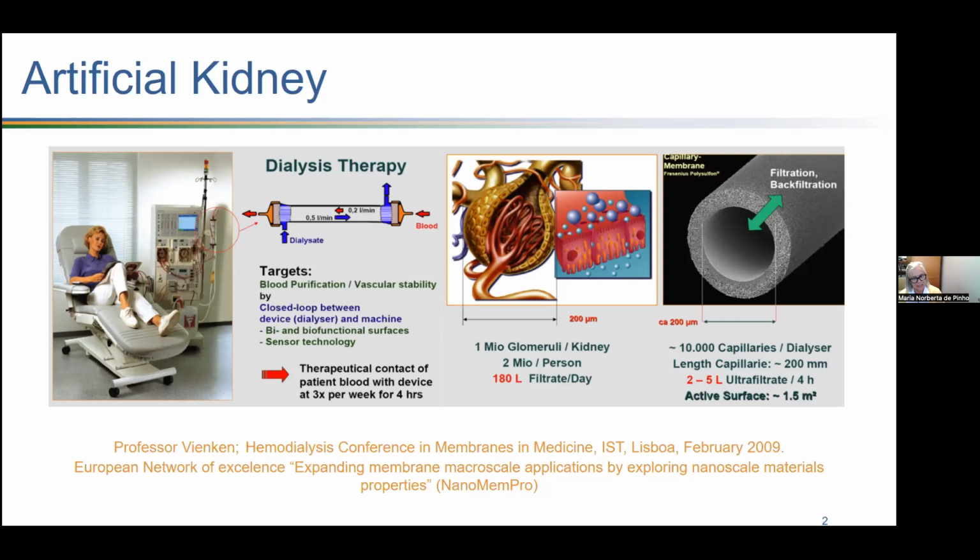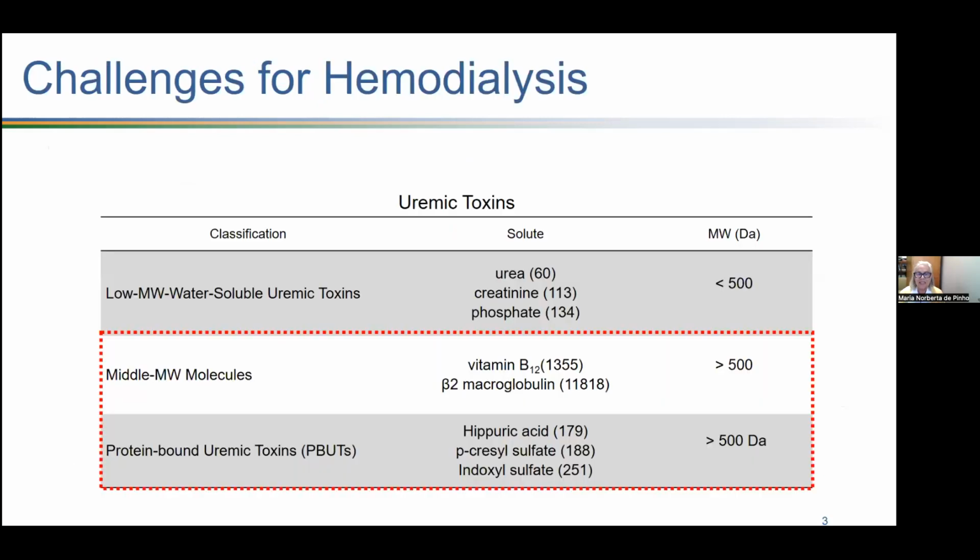Besides that, there are a lot of other challenges. The main one is that with conventional hemodialysis, we efficiently remove the low water-soluble uremic toxins, but the ones here in the red circle, the middle-sized molecules and the protein-bound uremic toxins, are a problem, and they are not removed, particularly the protein-bound uremic toxins.